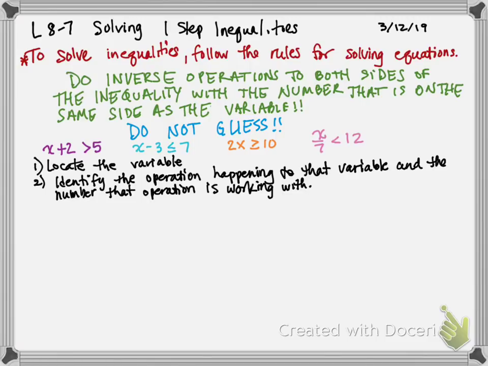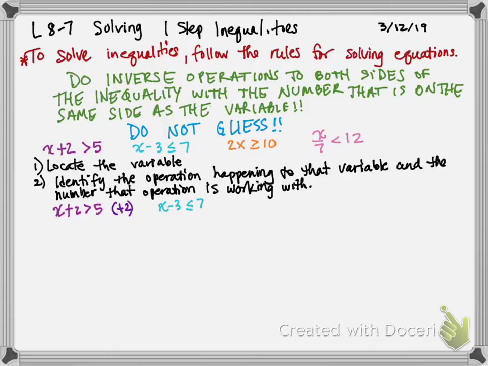That's always so much easier if we look at the examples. And to all you English teachers out there, I apologize. So we look at this problem, and we say, what's happening to the x? Oh, we're adding 2. What's happening to the x in the second problem?